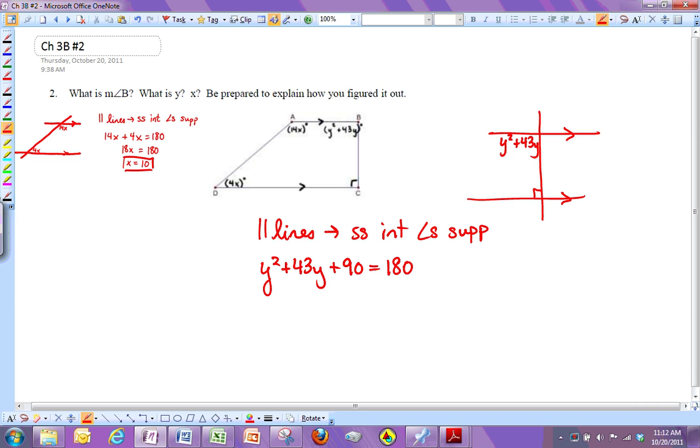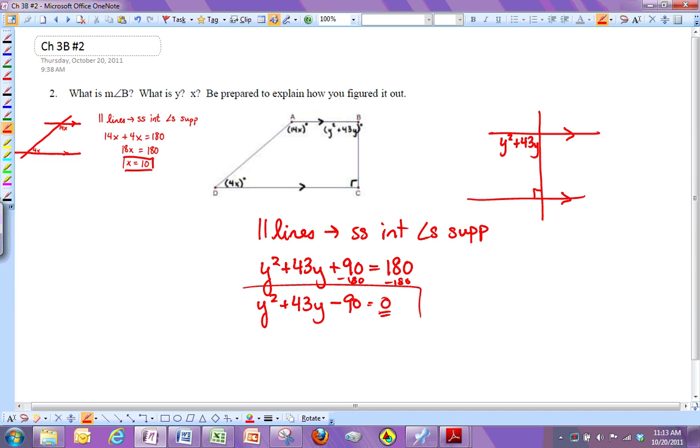Now, this one's going to be more complicated to solve. It's a quadratic because there's a y squared in there. So I'm going to bring the 180 over to the other side and get y squared plus 43y minus 90 equals 0 when I subtract the 180 from both sides. Remember, when you use the quadratic formula or factoring, you've got to have it equal 0 first.